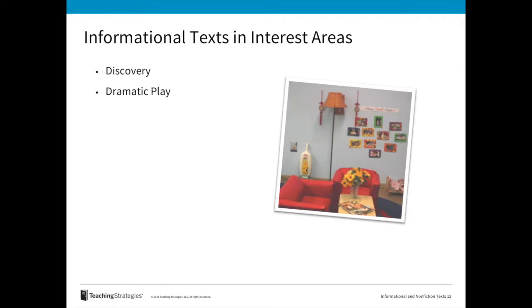But when the dramatic play area is a home, we can also think about adding informational text that would make sense. Things like cookbooks, carry-out menus from local restaurants, or even an appliance manual for a blender. But then after those first few weeks of school, the dramatic play area really should transform to reflect different settings.